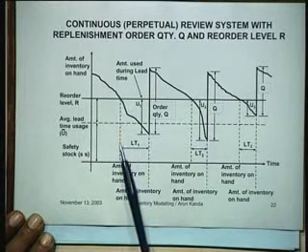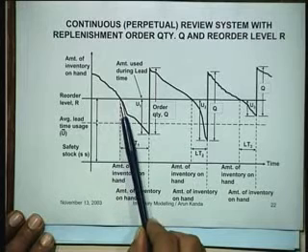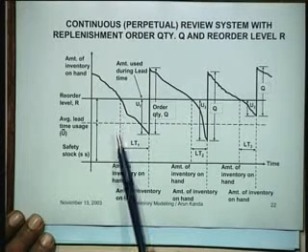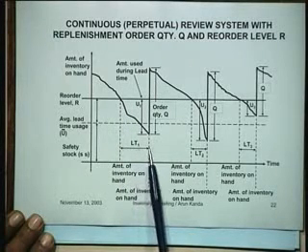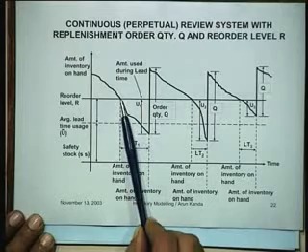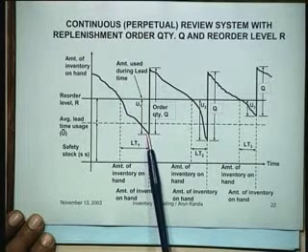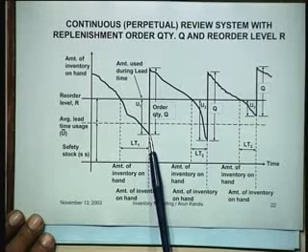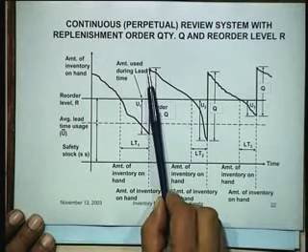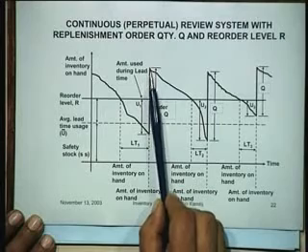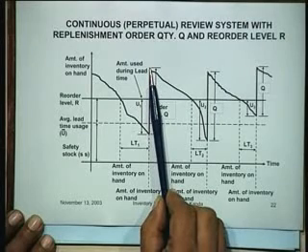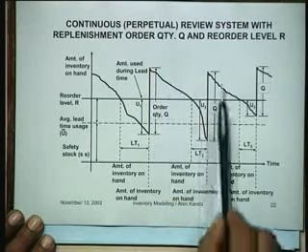You have placed an order at this point of time, and your order actually materializes after this much time. So you placed an order here, and in the meantime your inventory stock is coming down, and then ultimately you receive the order. The stock level rises to this level, and the next cycle repeats itself.